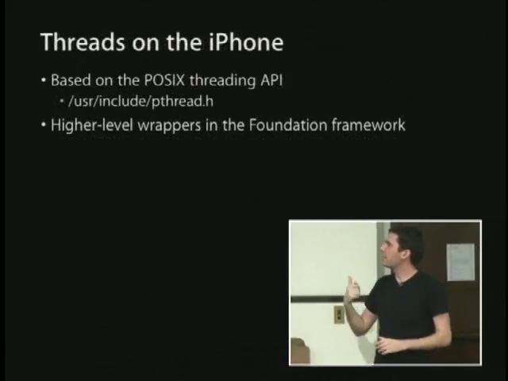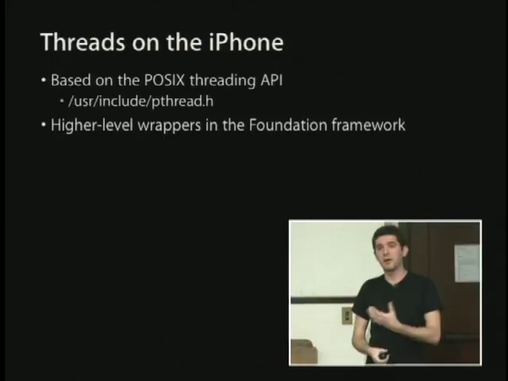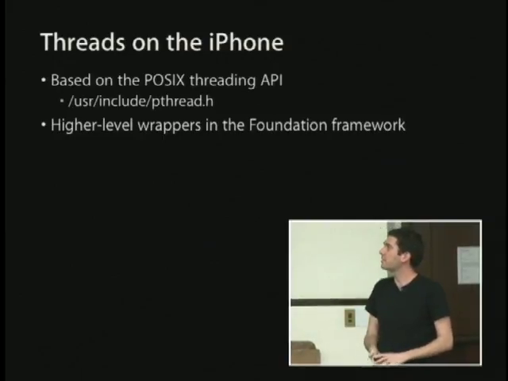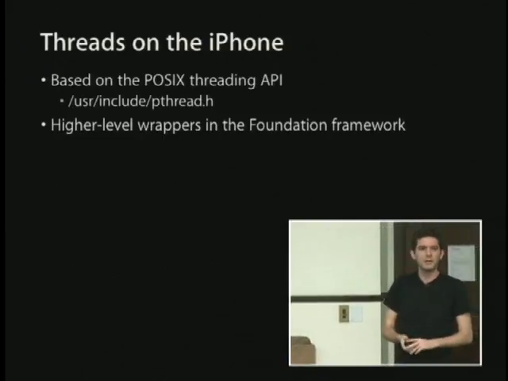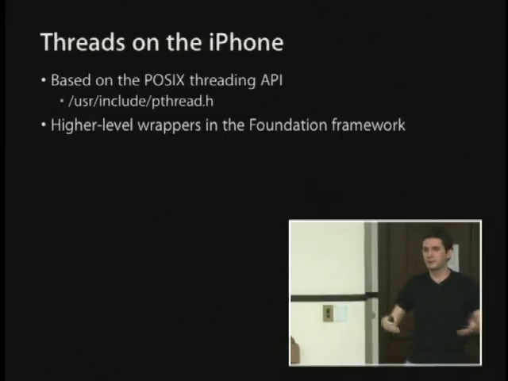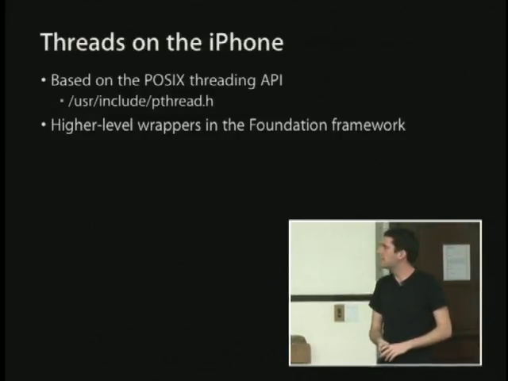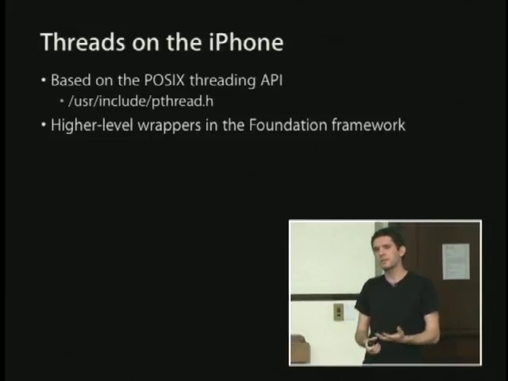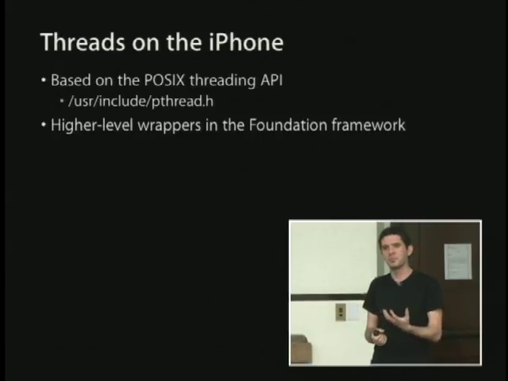Threading on the iPhone is actually using the standard POSIX threading API. You can get that header in user include pthread.h. This is a C interface. It's pretty much a Unix standard. It's very common. But for the most part, when you're dealing with these things in Cocoa, you don't really have to work with the pthread implementation directly.